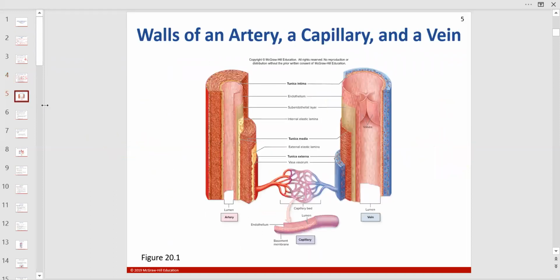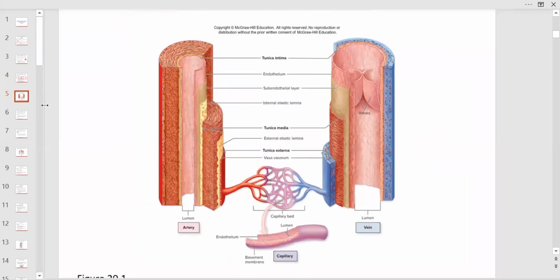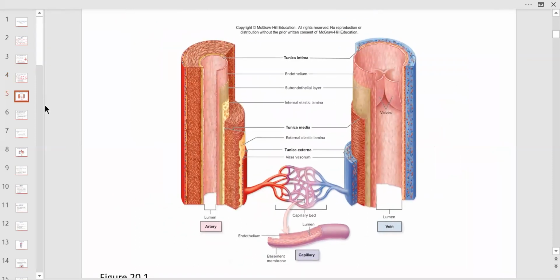There's a classic difference between an artery and a vein. So the biggest artery in the body is the aorta. And you know about the aorta. You know it comes off the left ventricle with the aortic semilunar outflow valve, checking the backflow going from the left ventricle to the aorta.